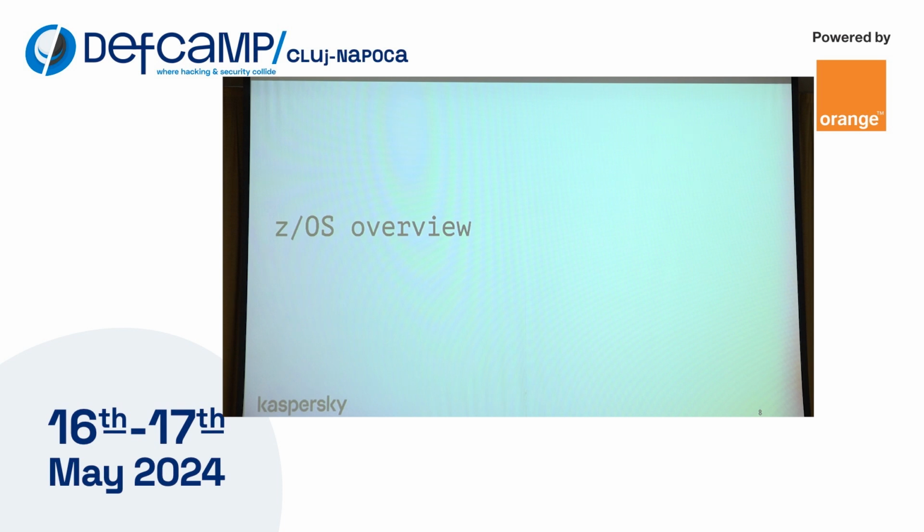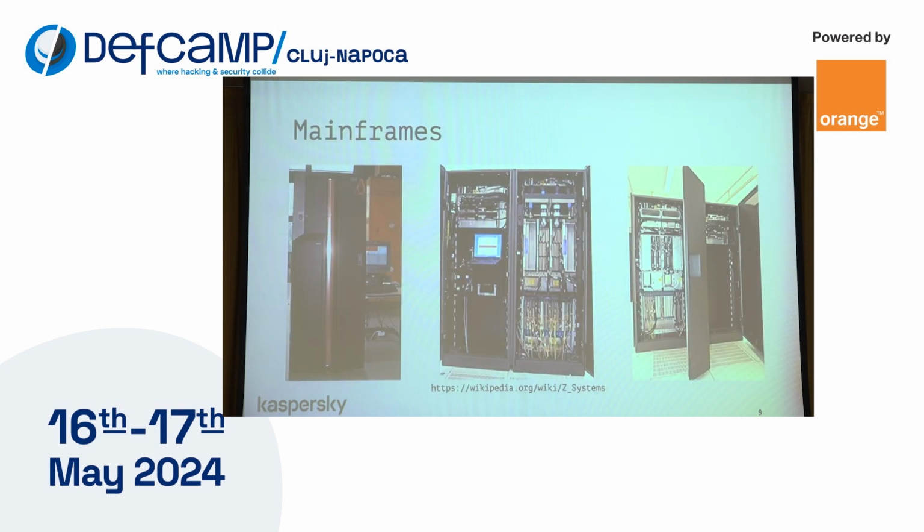Let's start with a brief z/OS overview. If you don't know what z/OS and a mainframe are, you may look at the pictures. They are big computers most commonly used for large-scale transaction processing.